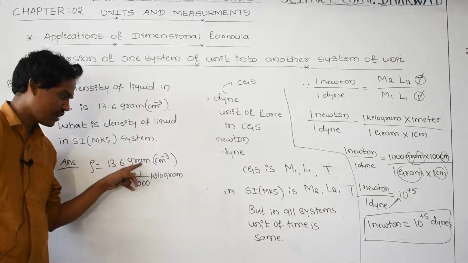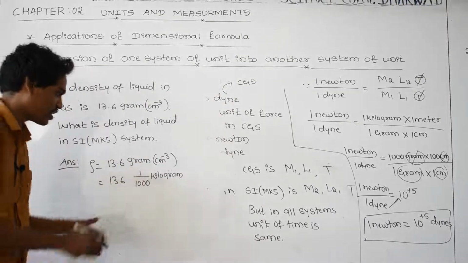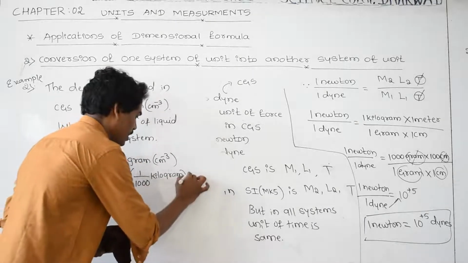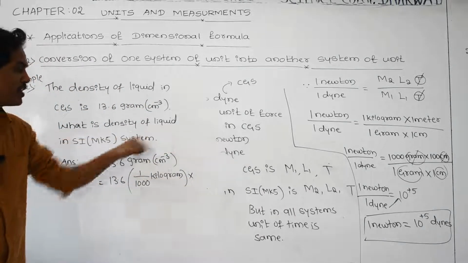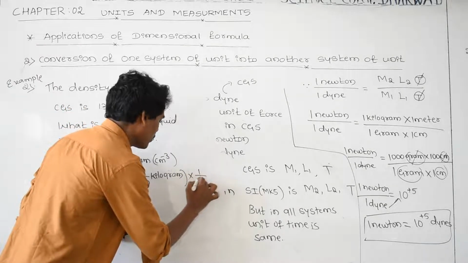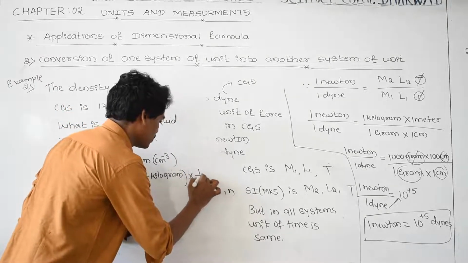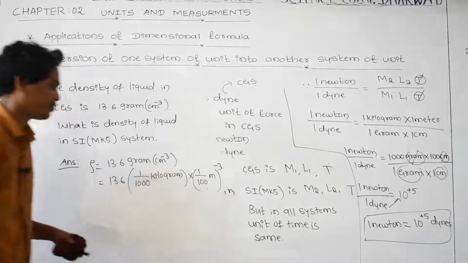Therefore, convert gram to kg, gram to kilogram. 1 gram means 1 by 1000 kilogram. And next, centimeter cube. Convert centimeter to meter. It means that 1 by 100th meter, then raised to minus 3 as it is.